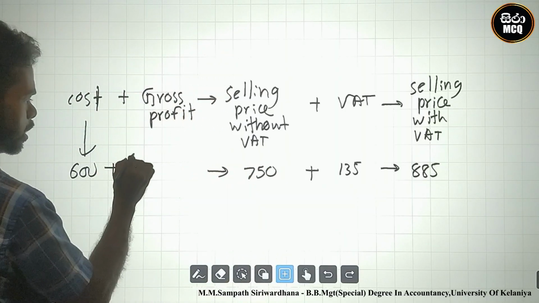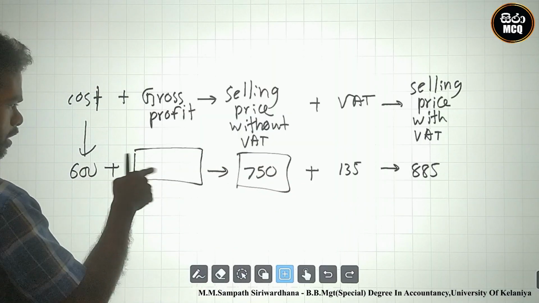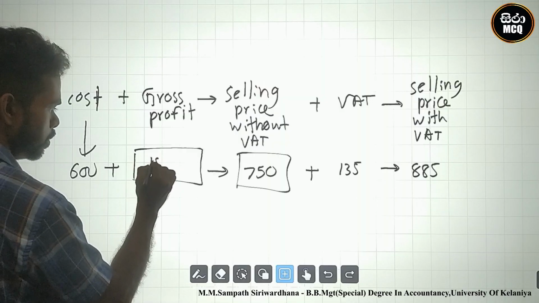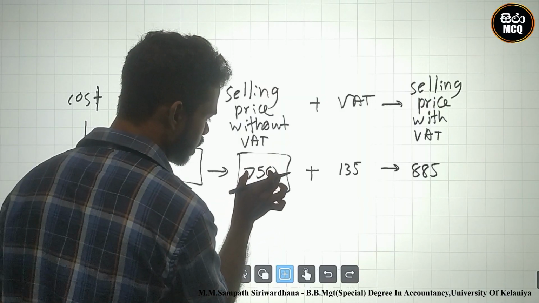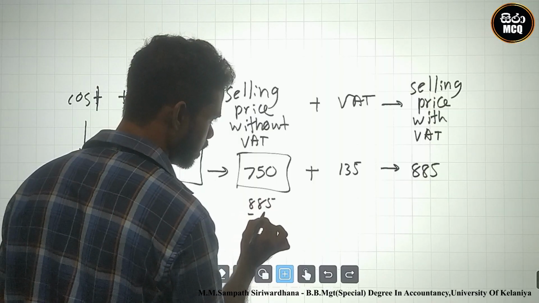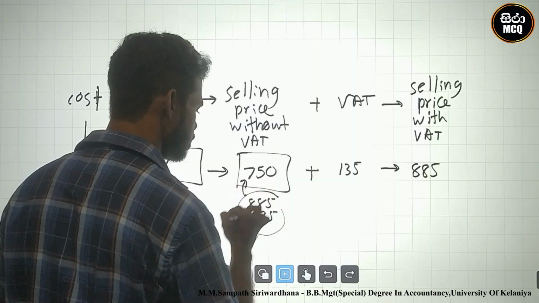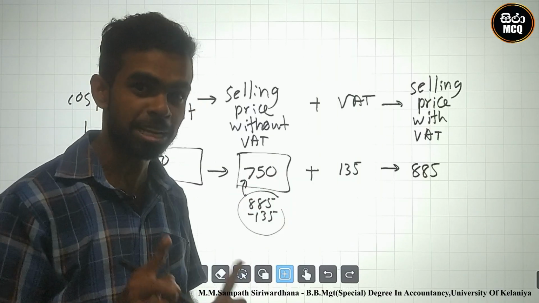With 750 we can calculate gross profit. What is the gross profit? Gross profit is the difference, 150. How can we identify 750? 885 minus 135, after that we can identify 750 as the selling price without VAT.